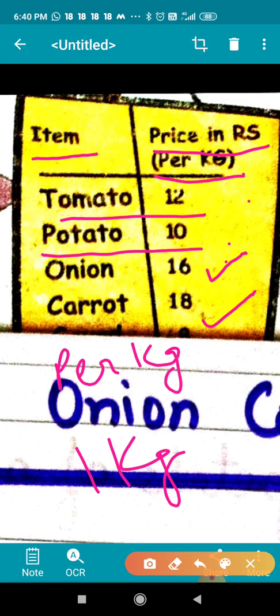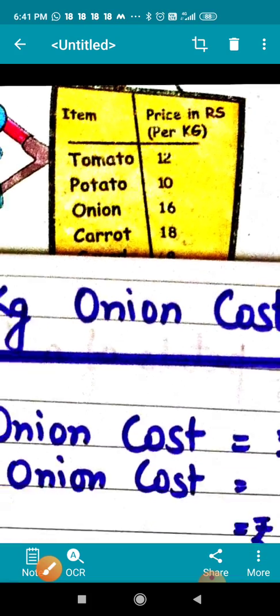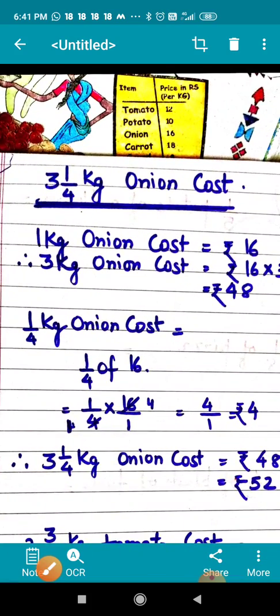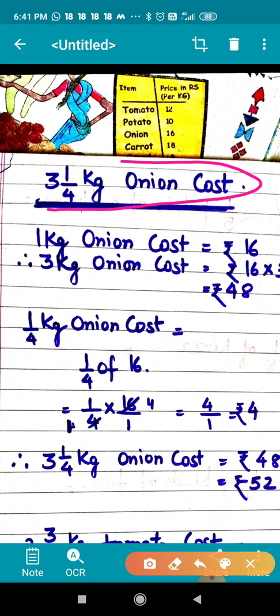On the basis of this price list, we have to calculate the price of 3 whole 1 by 4 kg of onion. So children, first of all, we will calculate for 3 kg of onion and then 1 by 4 kg, and after that we will add.